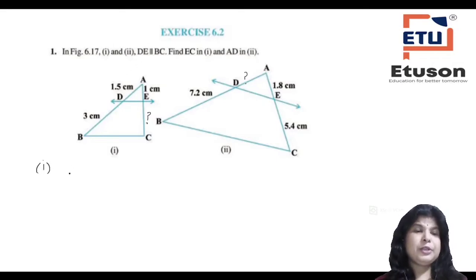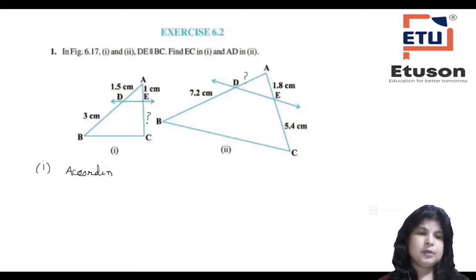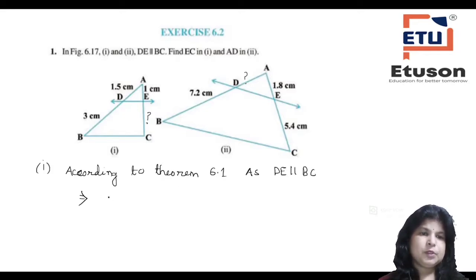So according to your theorem 6.1, as DE is parallel to BC, it implies your AD by DB will be equal to AE by EC.